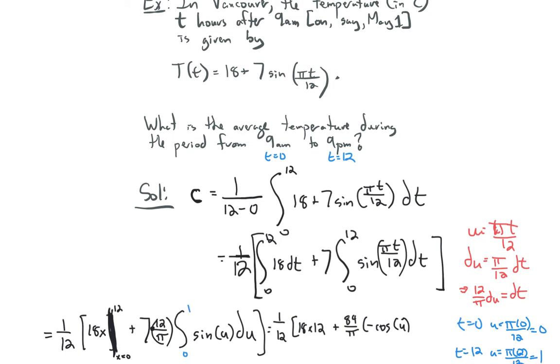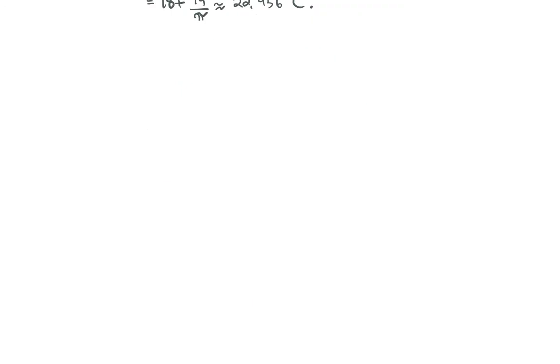So this is going to be negative cosine u evaluated from u equals 0 to pi. That's just going to be negative cosine of pi minus negative, or plus, cosine of 0. So I'll leave you to calculate that. And you should get, if you calculate this, 18 plus 7 over pi. You'll see that those 12s cancel quite easily with the 1/12 outside. And we got 20.228 degrees Celsius as the average.